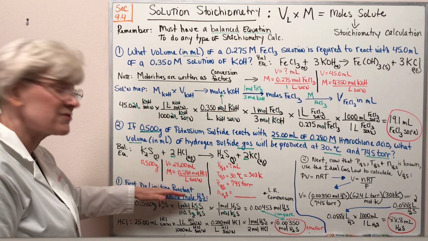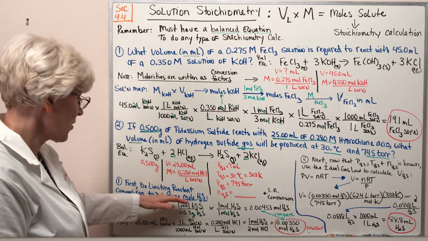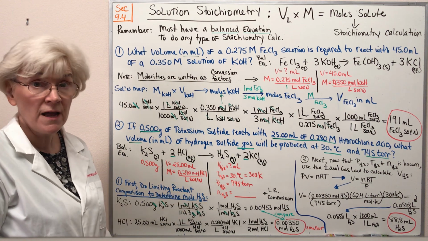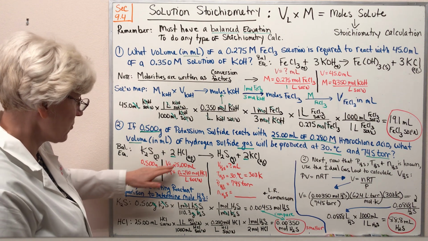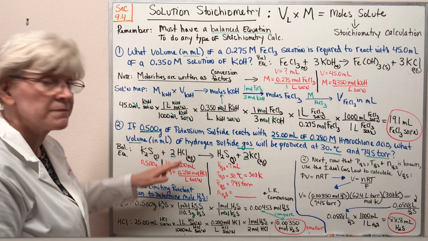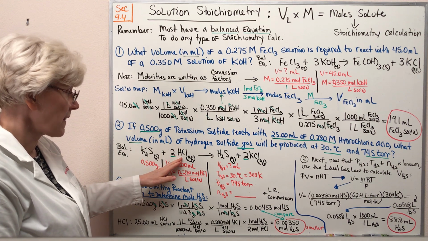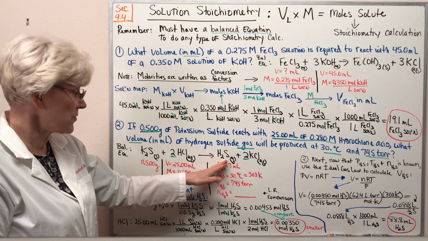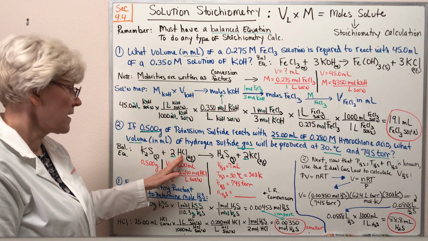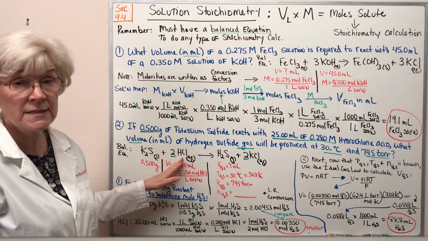So we have to do a limiting reactant comparison to determine the mole amount of hydrogen sulfide, meaning we have to take the volume and molarity of hydrochloric acid, find out how many moles of hydrochloric acid we have, and then do a stoichiometry calculation to see how many moles of hydrogen sulfide would be produced from our hydrochloric acid reactant.